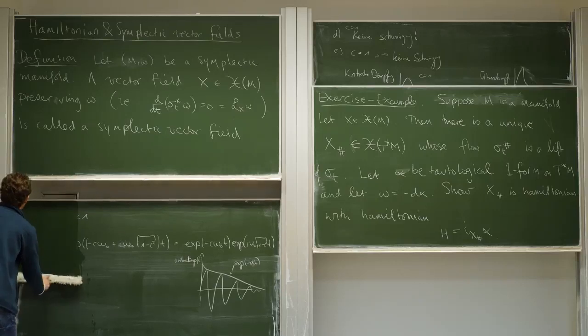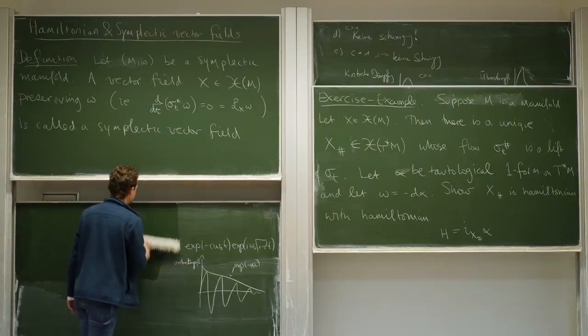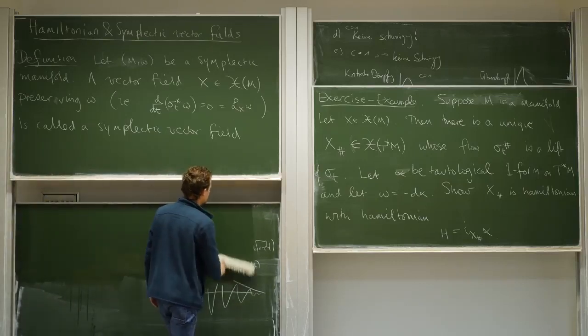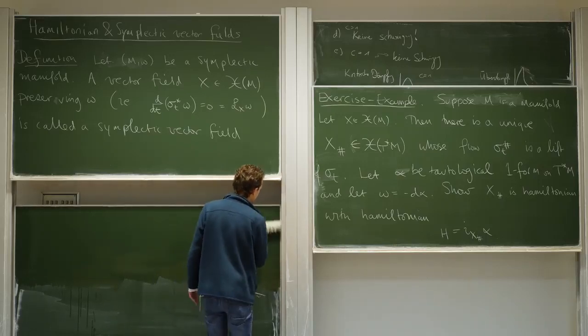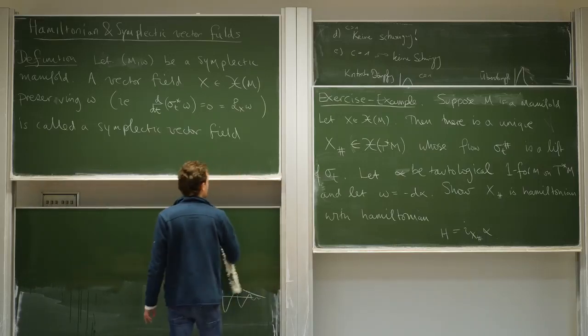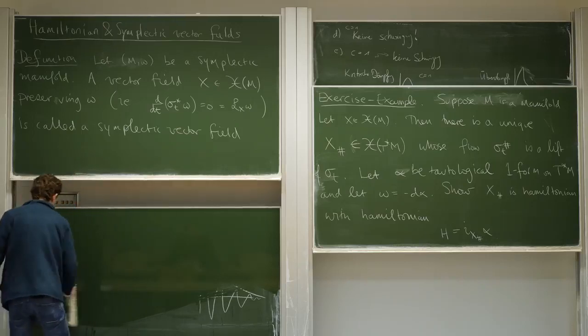So we have a ready supply now of examples, and we even have a way to construct Hamiltonian vector fields on these examples.